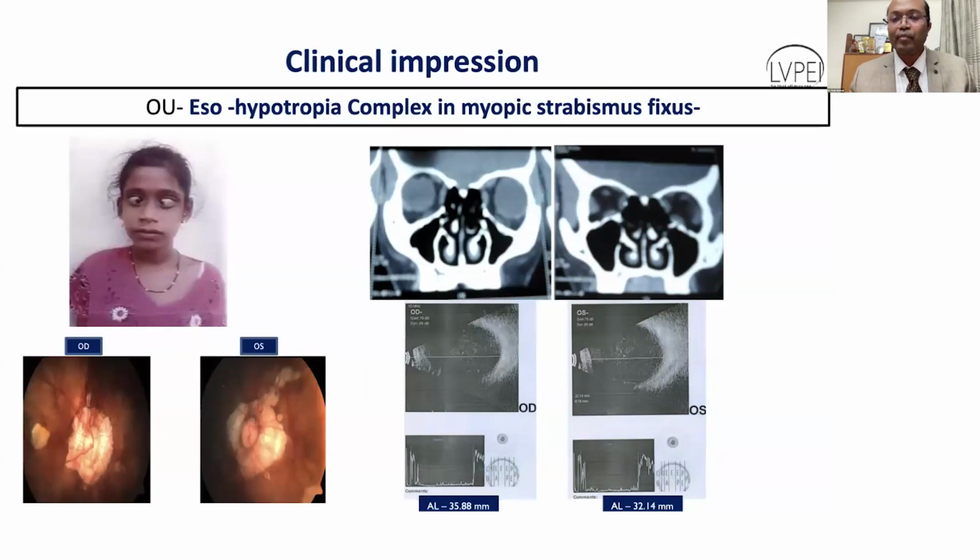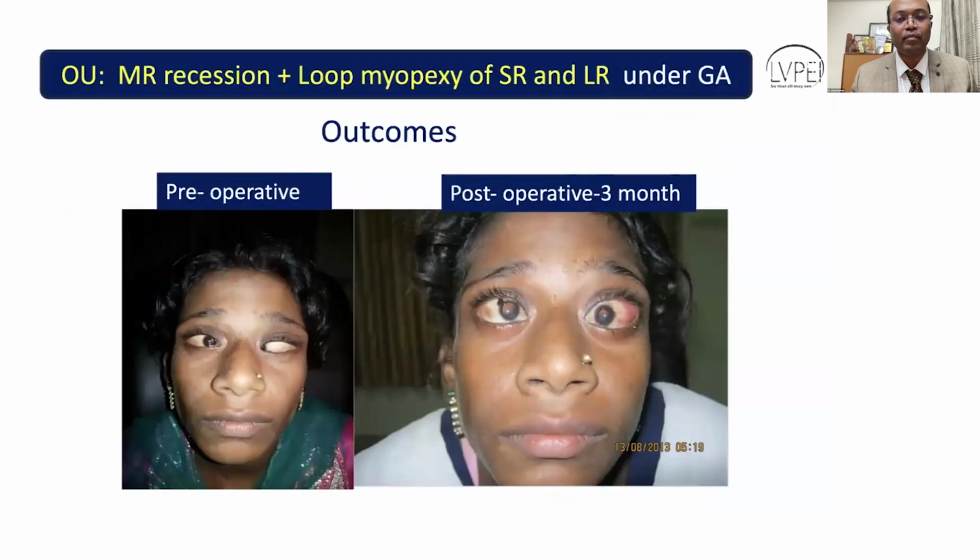On imaging, you can appreciate an extreme nasal shift of the superior rectus, as well as the lateral rectus shifted inferiorly. Not being able to do the A scan, I could do the B scan to understand how severe the axial elongation is, and you can appreciate the highly pathological myopic fundus in this photograph.